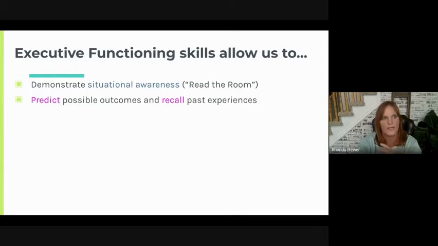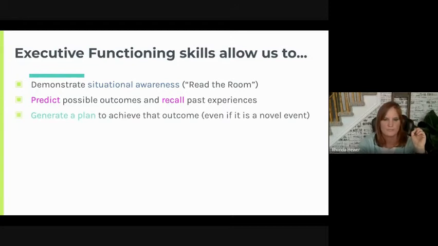So when you can create a math classroom that has a predictable structure to it, with flexibility involved, because we know we're not going back to the traditional days where I'm teaching, you're doing the homework, and we'll take up the homework tomorrow. But there are ways within a flexible environment to create predictable structures. It allows us to generate a plan to achieve that outcome.